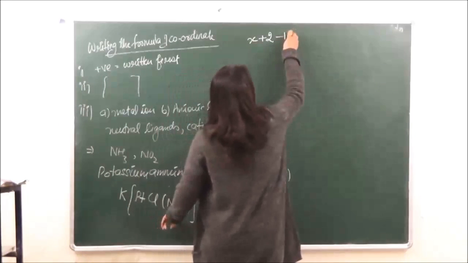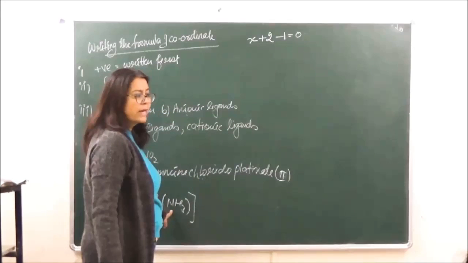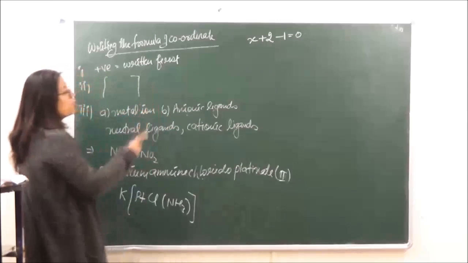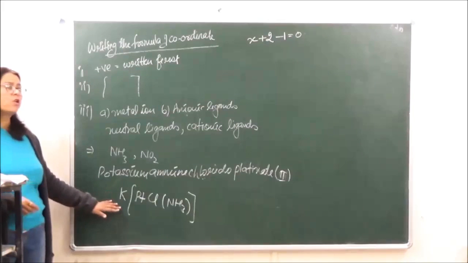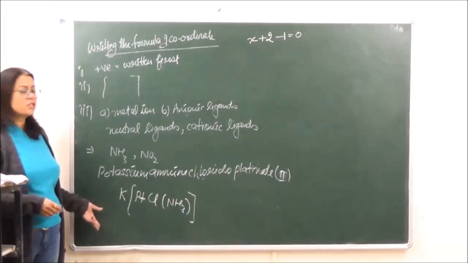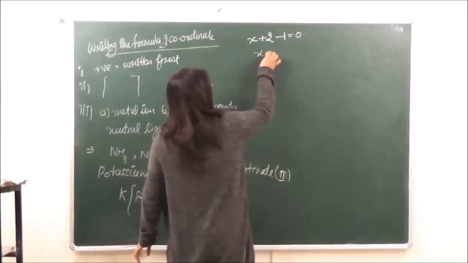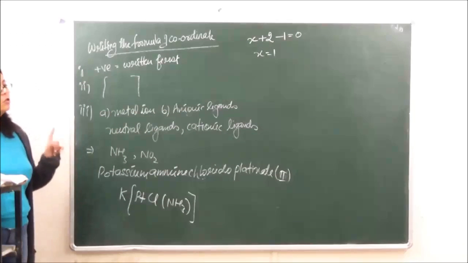So this becomes equal to 0. Okay. And how many x is going to be present over here? 1. Please don't go into the charges over here. Okay. Charges are insignificant because we are just talking of number. We are not talking of oxidation state. So यहाँ पे potassium का जो number आएगा, you can see over here that x comes equal to 1. So potassium is going to be equal to 1.